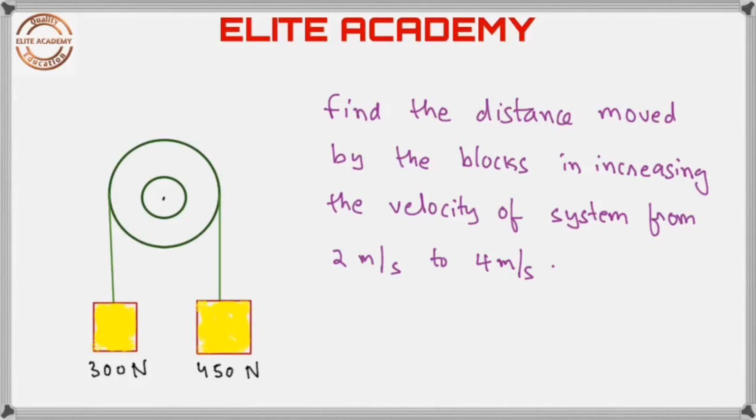That is, initially the velocity of the system is 2 meter per second and finally velocity of the system becomes 4 meter per second. So how much distance moved by the blocks during this period we need to find.